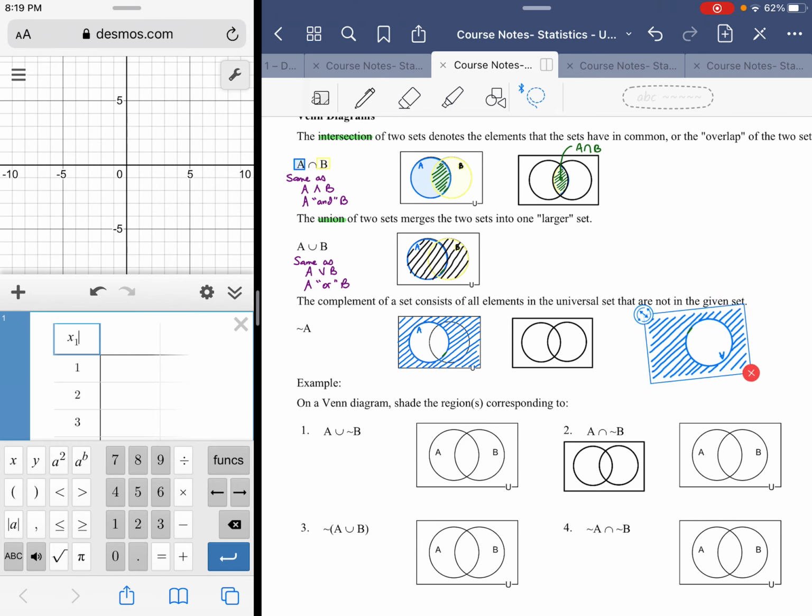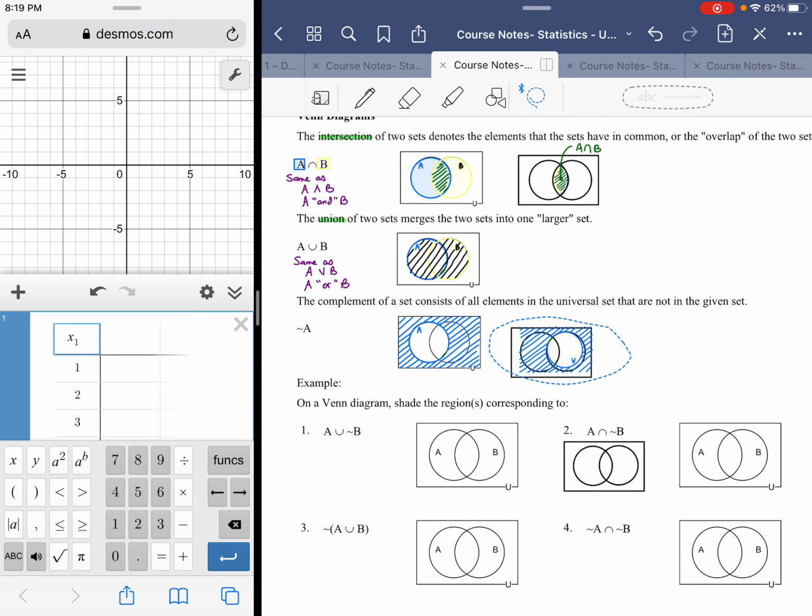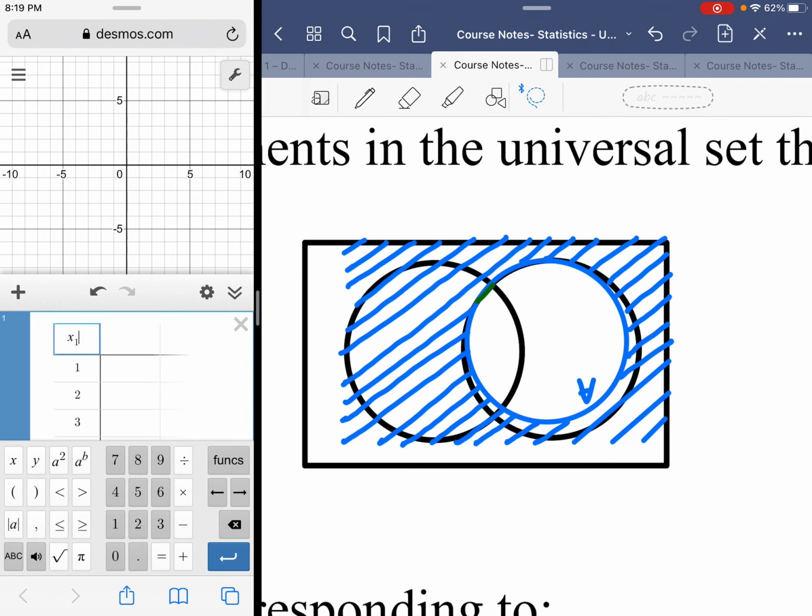So let's see if I got this part down. All right. So it's not great, but it's better than waiting, right? But I can move some things around a little bit.